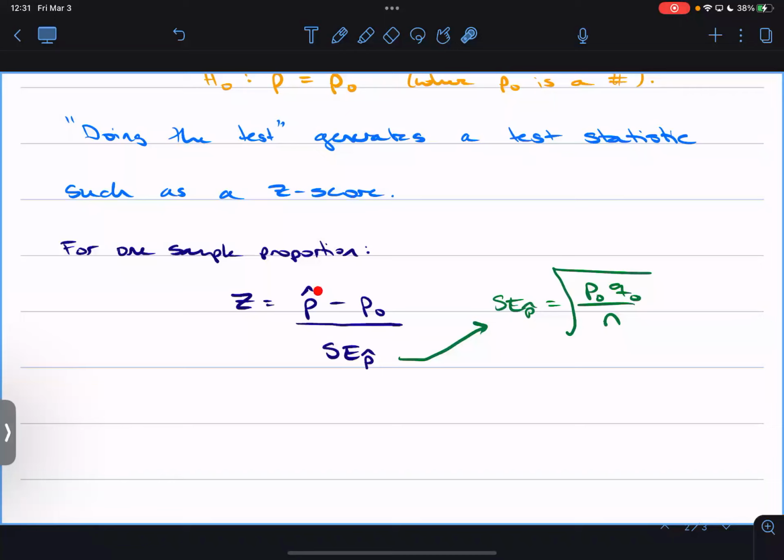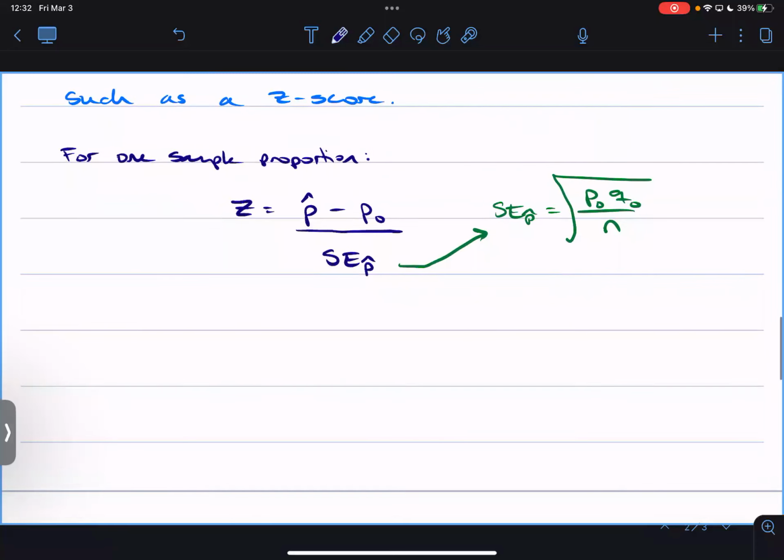No, because you still want to see how far your sample proportion is from the hypothesized proportion, right? So what we're saying is, assuming that the null hypothesis is true, that P is P naught, how rare would this sample proportion that I saw be? And so the Z tells us, okay, this is rare, or this is not rare, right? But I'm going to parking lot that for a little bit longer.